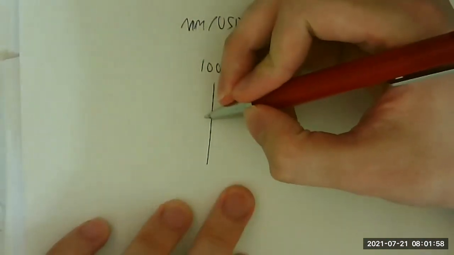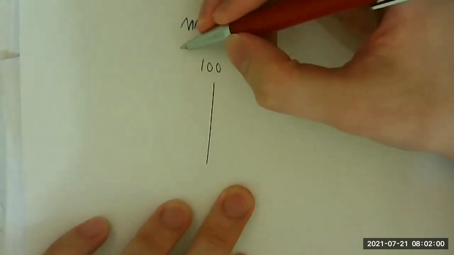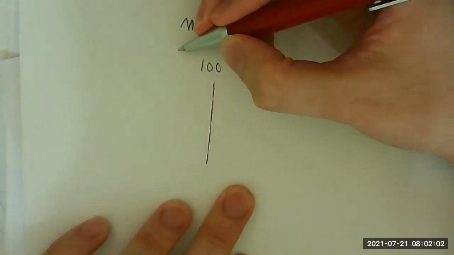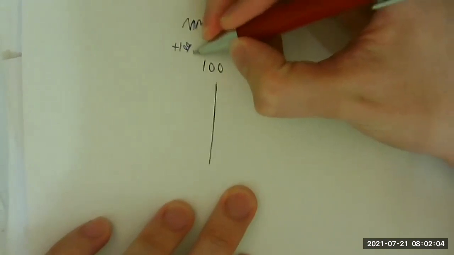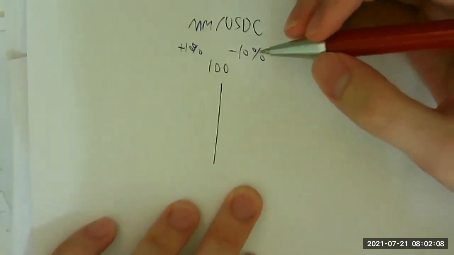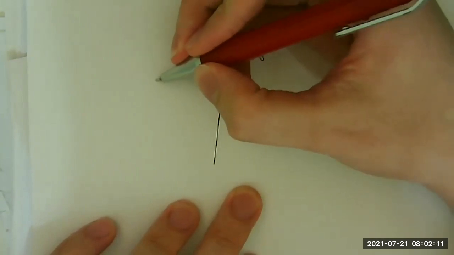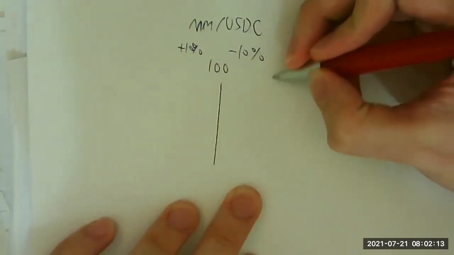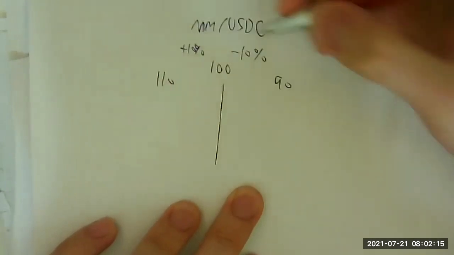If I want to set liquidity where the maximum will be plus 10% to the current price and the minimum minus 10% to the current price, then effectively I'm setting up my range from 90 to 110, right?